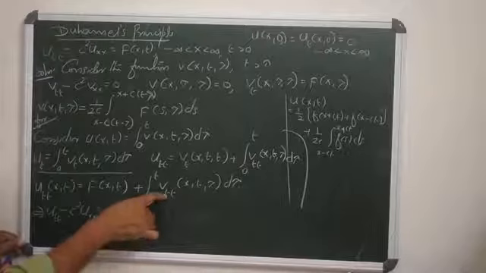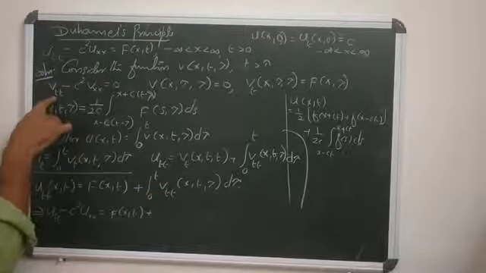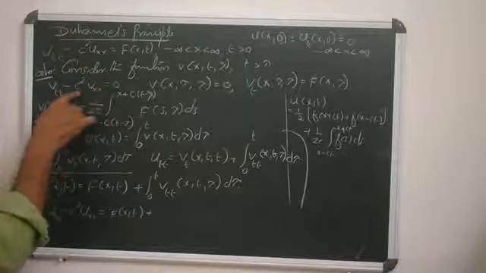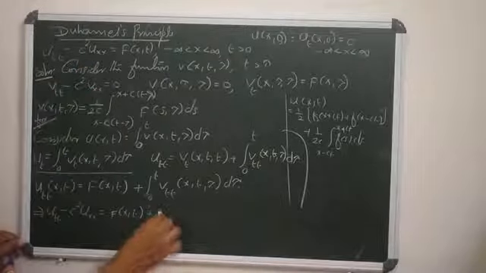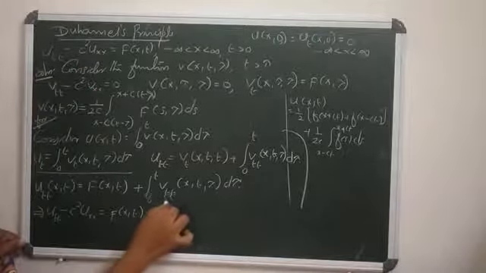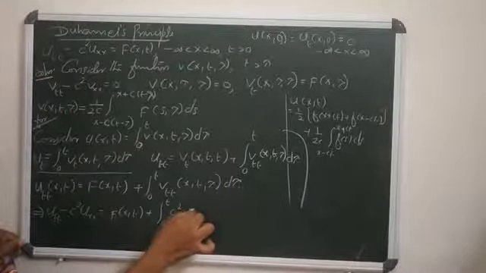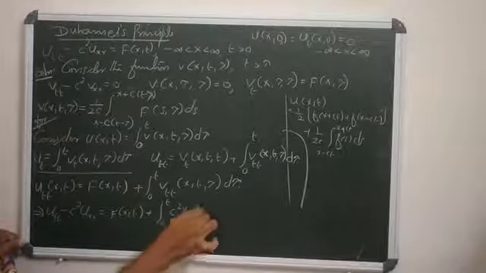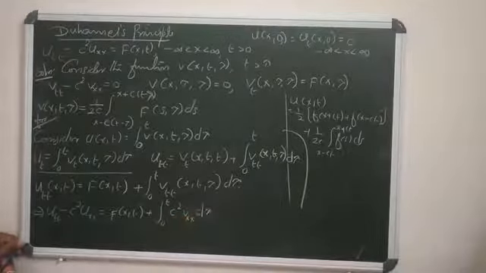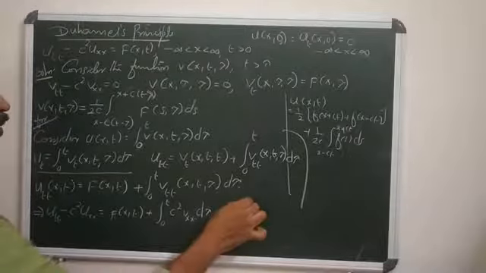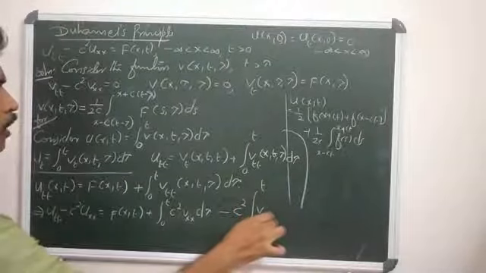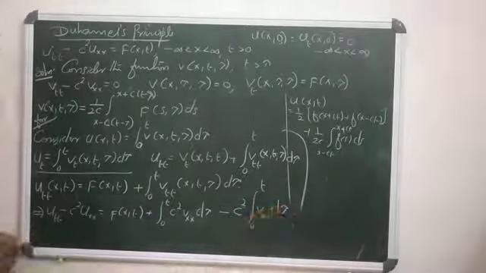What is vtt? Here we know that vtt equals c square vxx. Therefore, it is integral 0 to t c square vxx d lambda, then minus c square into again integral 0 to t vxx d lambda.